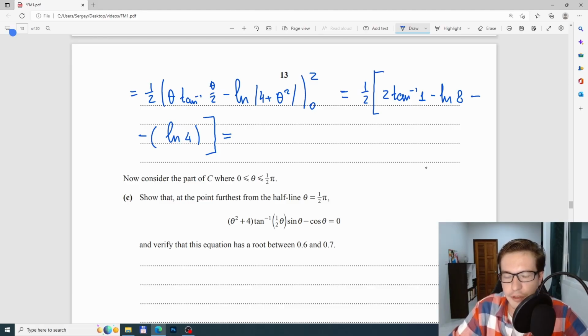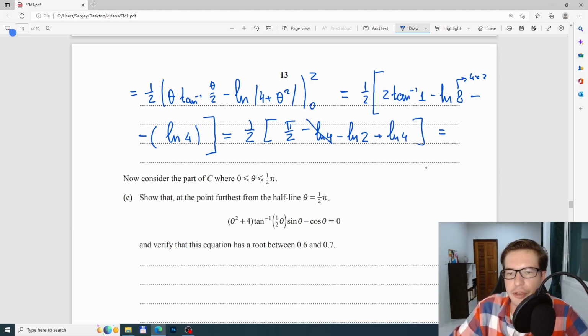Okay, time to simplify that. So it's a half pi over 2 minus, okay, I can actually write 8 as 4 times 2 and apply laws of logs. So it's going to be minus log 4 minus log 2, now minus and minus will be plus, so we get plus log 4, and that cancels out.